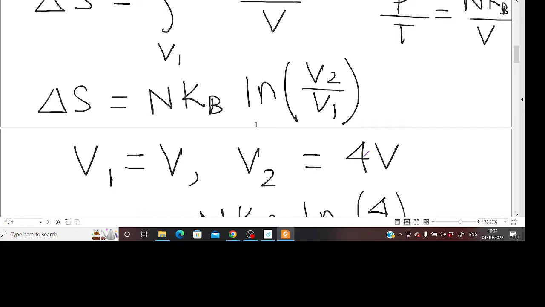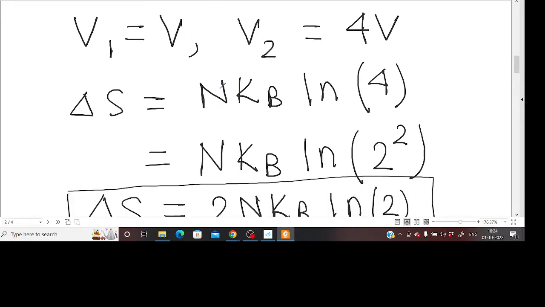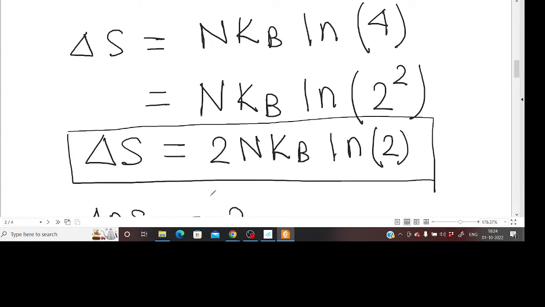Just put the values in this expression, then you will get delta S equal to N kB log 4. Now this 4 can be written as 2 square, so this can also be written as delta S equal to 2 into N kB into log 2.